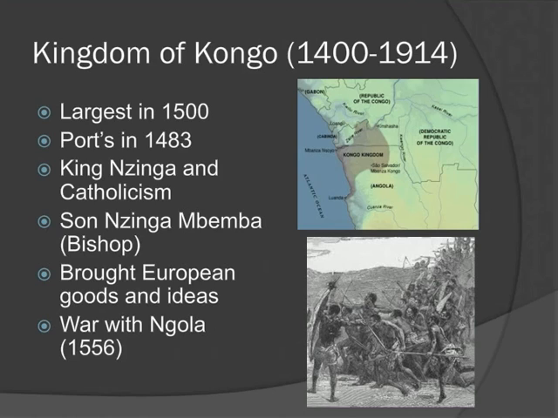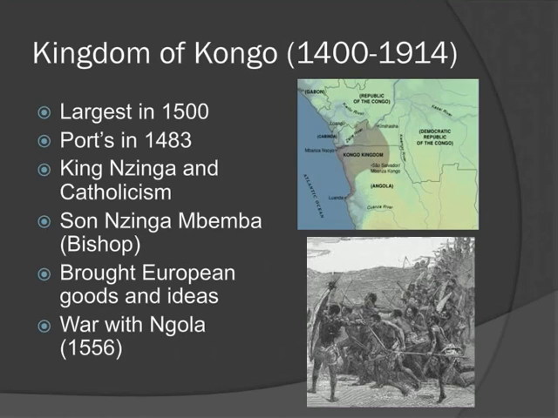In 1500, it was the largest kingdom in West Africa, and the Portuguese had made contact with its king, King Nzinga, in 1483, and he was so impressed with their guns and their armor and their war-making capability that he decided to go and visit Portugal, and in 1491 he comes back with priests, artisans, soldiers, and a printing press, which was an amazing discovery at the time for them.